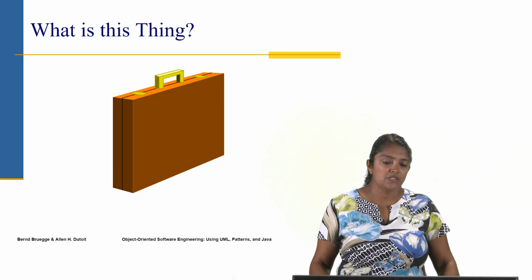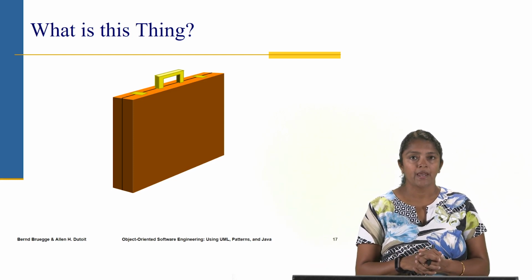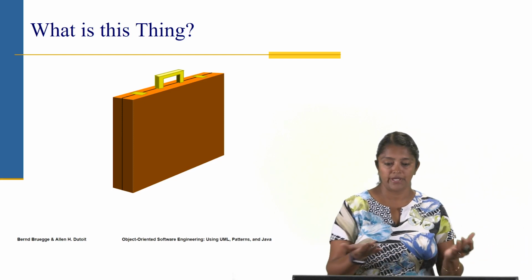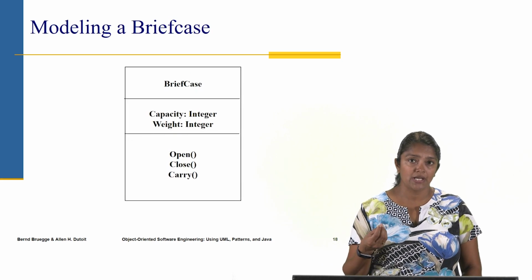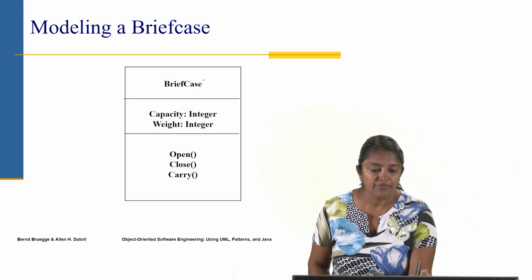Now this picture here, what is this? What do you see? I think the obvious answer that would come to your mind based on that picture is that it's a briefcase, right? If you were to model this, then you would create a class called briefcase.